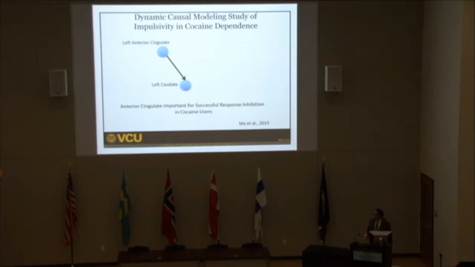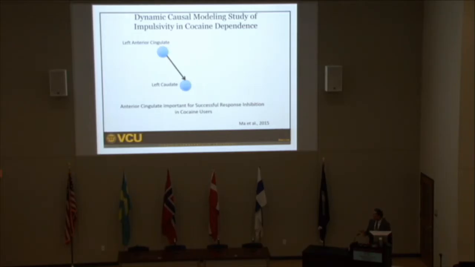So with effective connectivity, dynamic causal modeling, you're able to look at the directionality of the influence of one brain region over another, as opposed to standard functional connectivity, where you're just looking at correlations. This actually looks at what brain regions are driving activation in the other brain region.